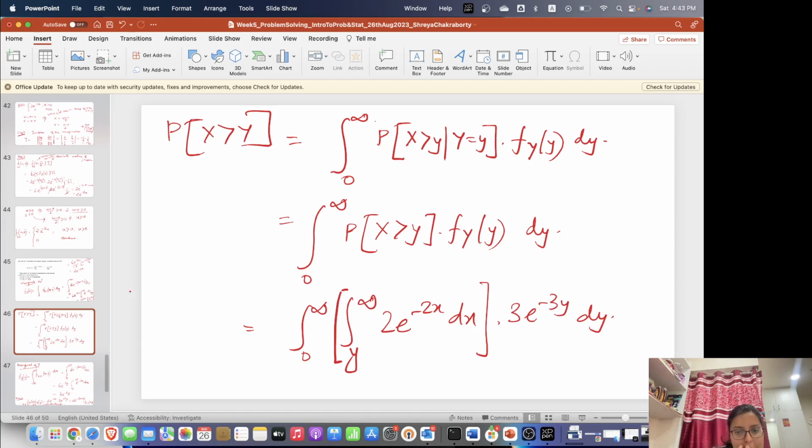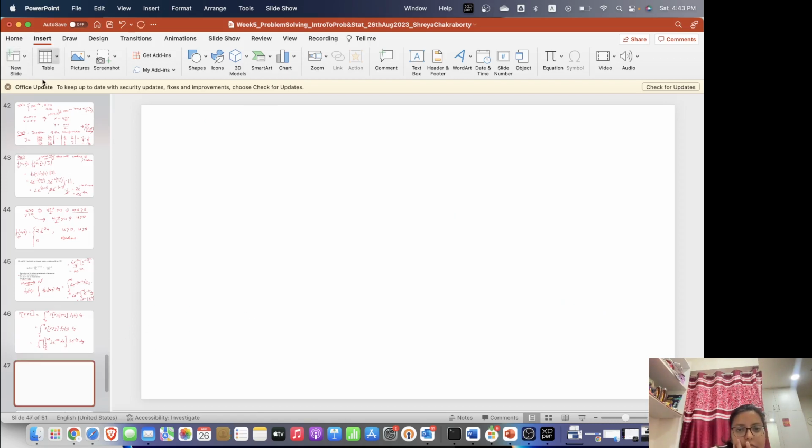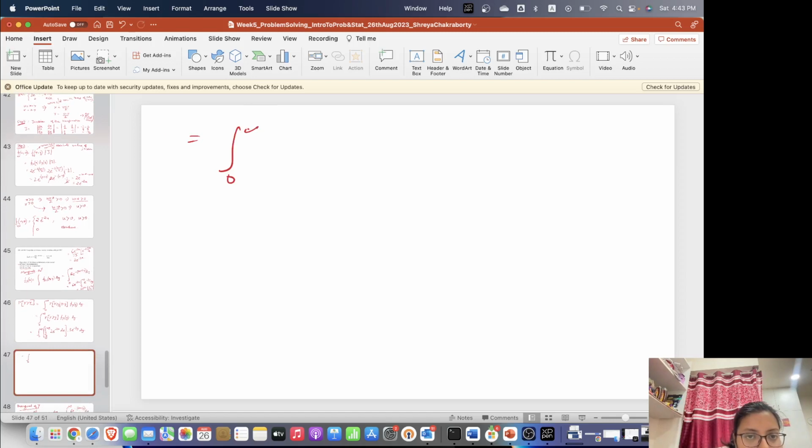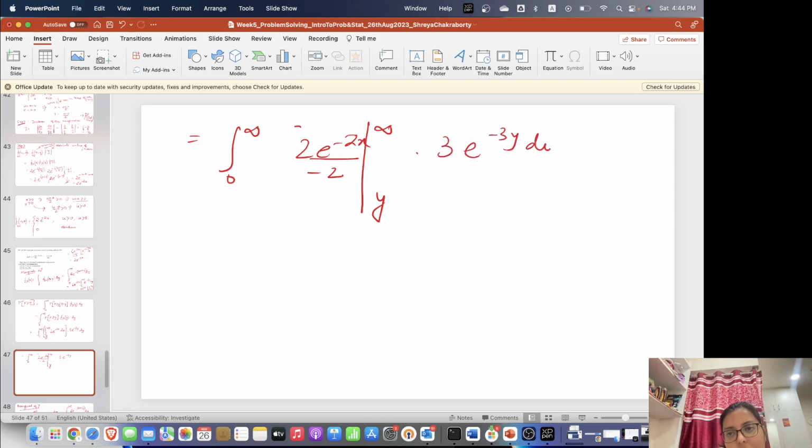So this will be how much? The integral from 0 to infinity of 2 e to the power minus 2x by minus 2, evaluated from y to infinity, into 3 e to the power minus 3y dy.